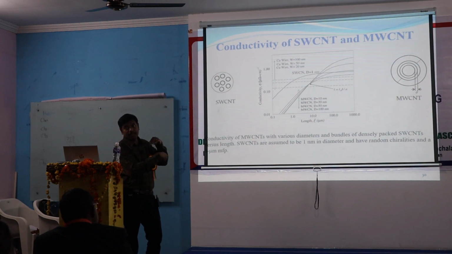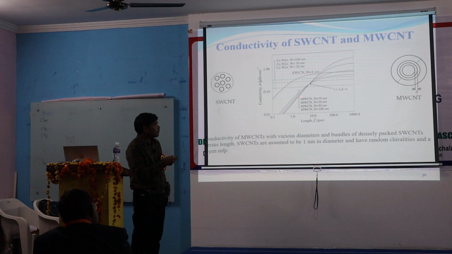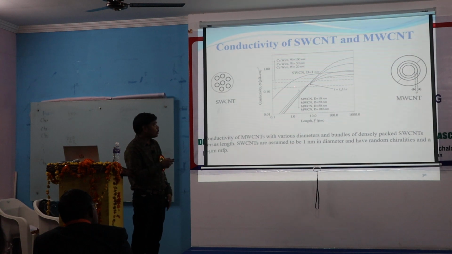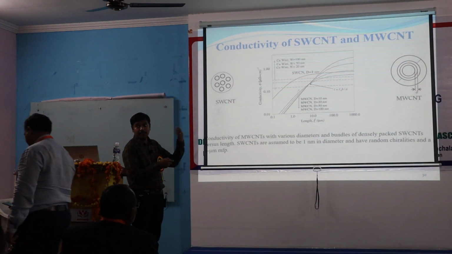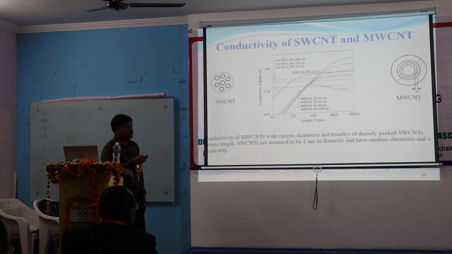Global means the length is very large. Intermediate means in between. So from this graph, it is very clear that if you want to fabricate local interconnects, you choose the SWCNT. If you want to fabricate global interconnects, you choose the MWCNT. For intermediate, you can choose either SW or MW. It doesn't matter. Both are comparable. That is what I want to say.